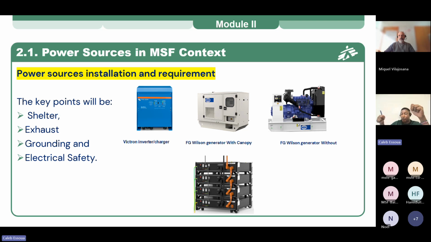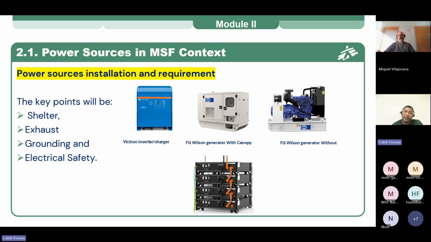If you open your generator, you can see inside these black things that they put. This is to reduce the noise of the generator. But this one is the generator without canopy. That's why we advise to put it inside the room.